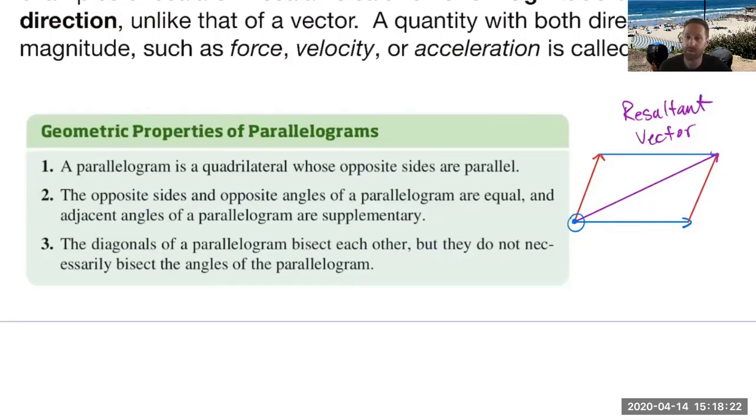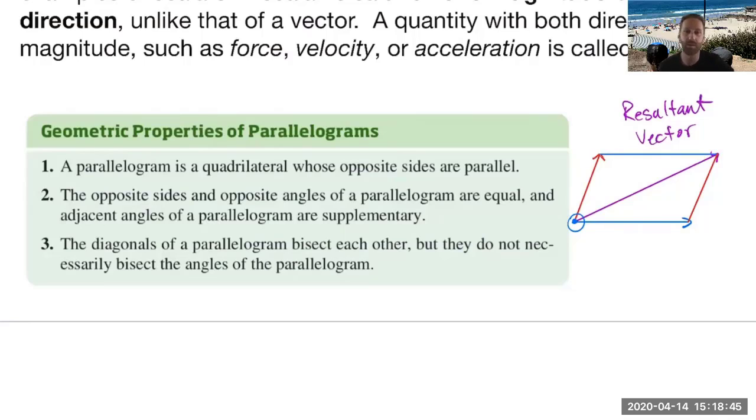And as you can see, we have now created a parallelogram. And more importantly, we have either this triangle or this triangle, which by the way are the same because you can see they have the same three sides, just in different locations. That's what we call congruence.